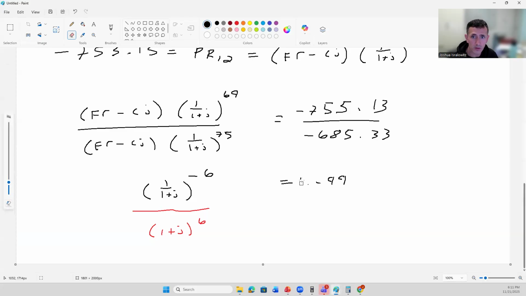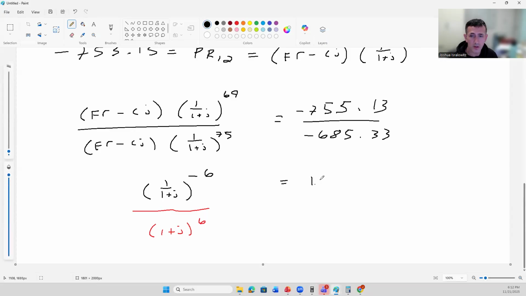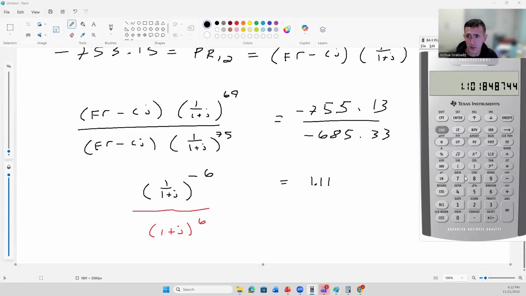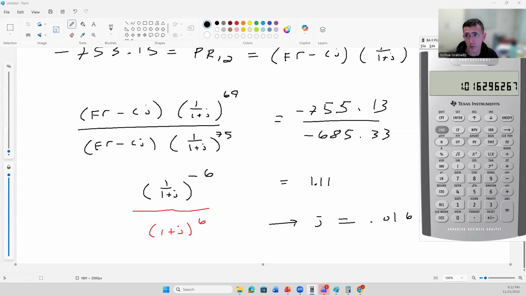So this is better, 1.1 basically, 1.11. All right, raise this to 1 over 6. 0.0163, basically 0.016.